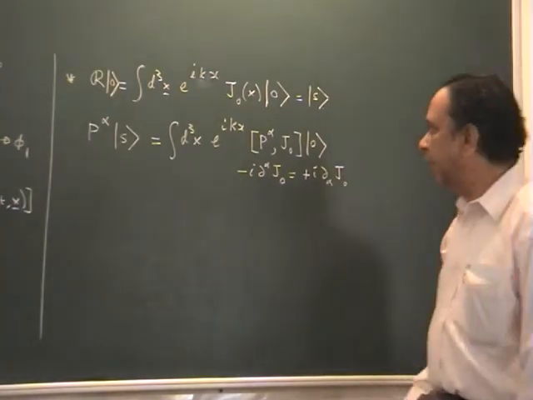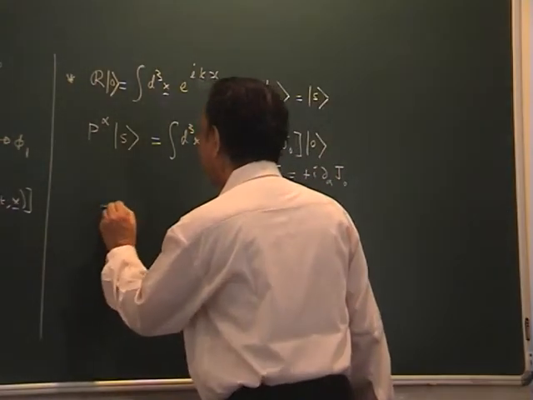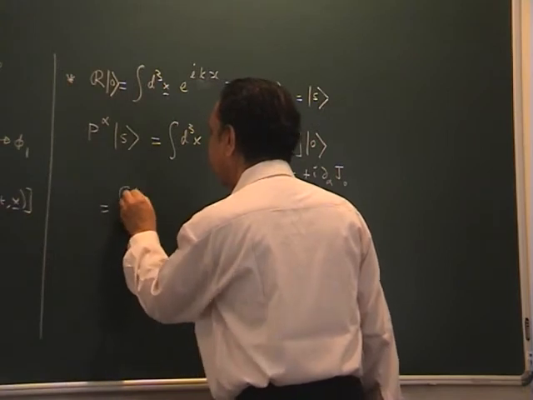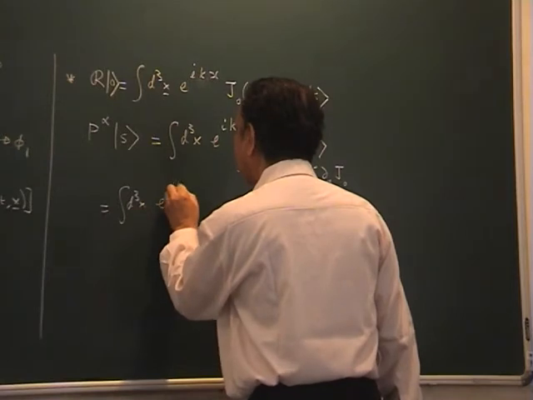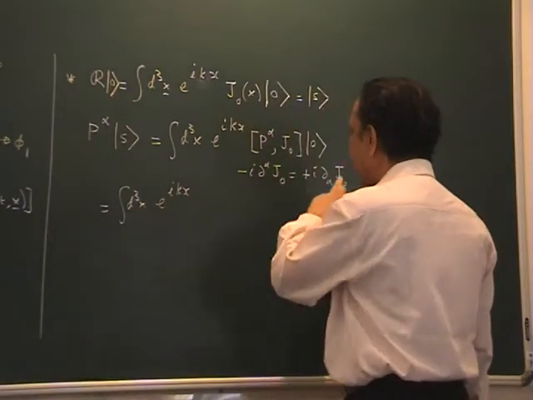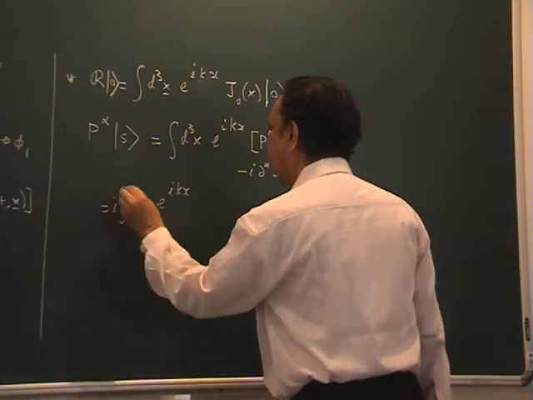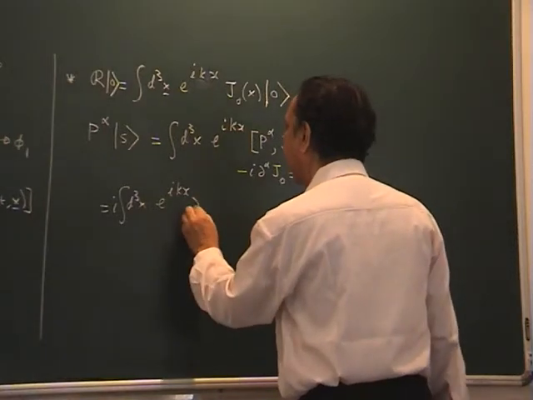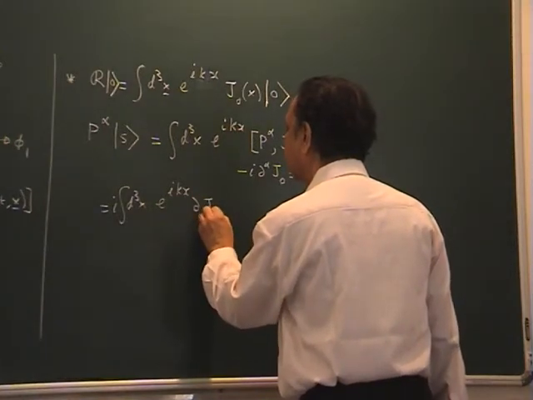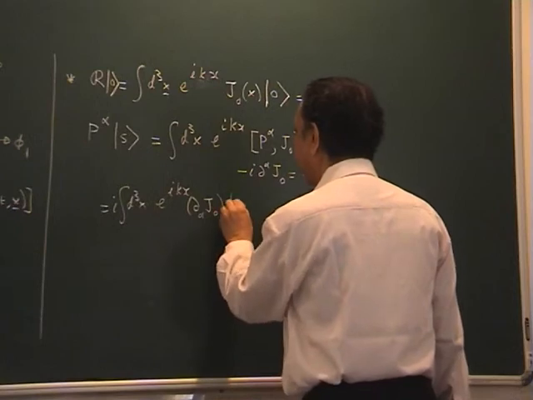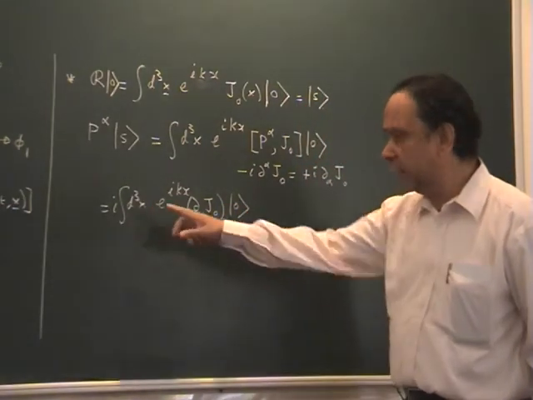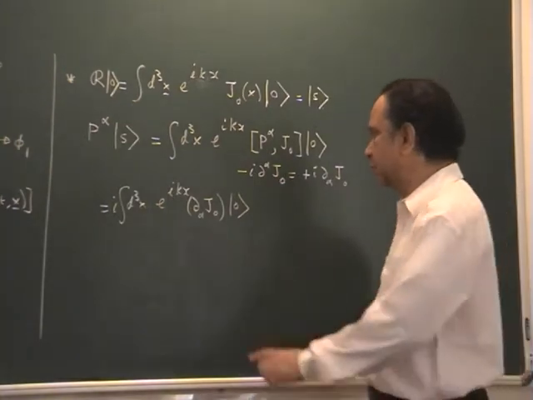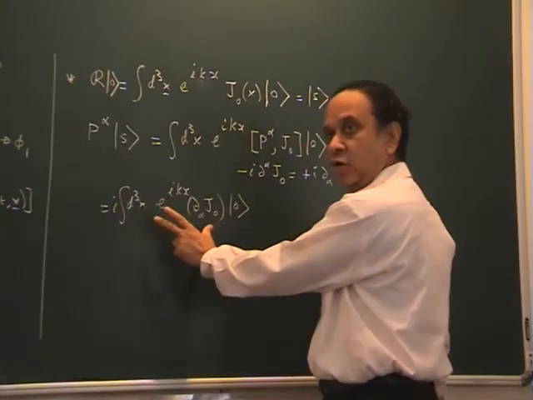Okay, so you plug it in and you end up getting integral d3x e to the ikx. This entire thing is equal to, so keep an I outside, d alpha of J0 acting on this. Now you play our usual game. You take the total divergence of this. So this becomes d alpha of that whole thing.